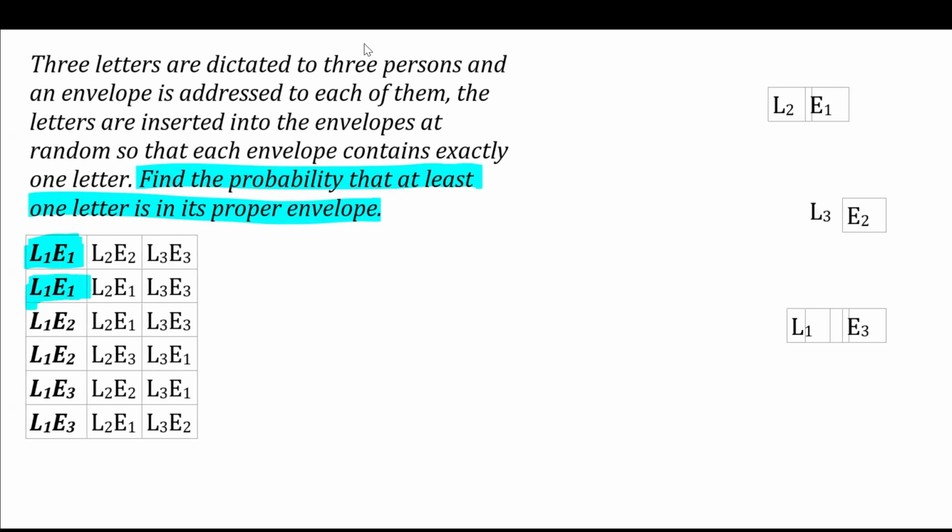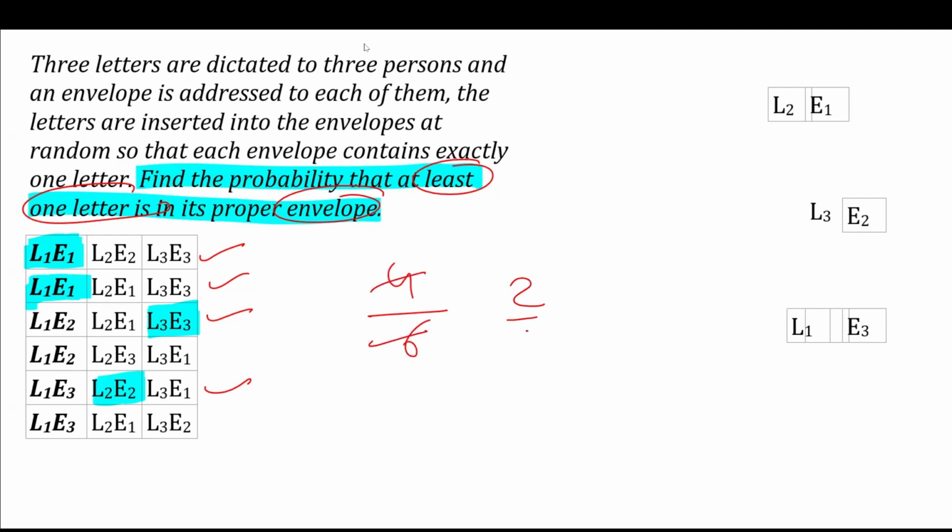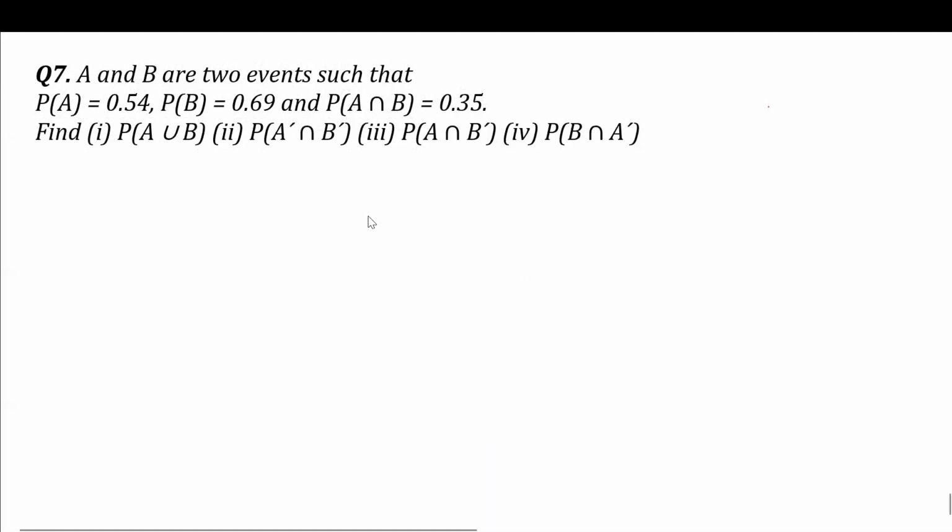This row is at least one, this is at least one, this is at least one, and this row is at least one. So out of 6 such cases, we have 4 cases where at least one letter is in the proper envelope. So it's 4 over 6, which can be reduced to 2 over 3. That's how we will do this question.